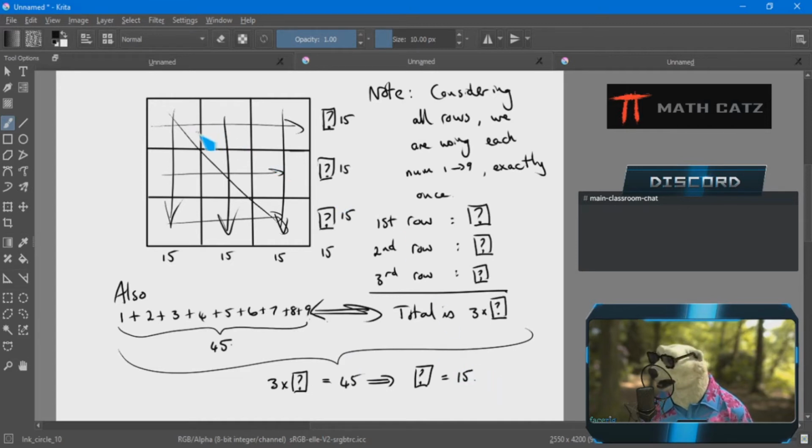And I know that a row consists of 3 numbers, a column consists of 3 numbers, a diagonal consists of 3 numbers. So somehow there are different combinations of 3 numbers that when I add them up, I need to get to 15. So let's just see all the different ways that we can add 3 numbers and get 15.